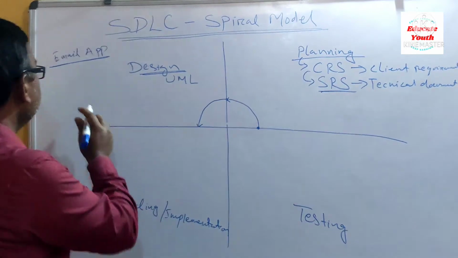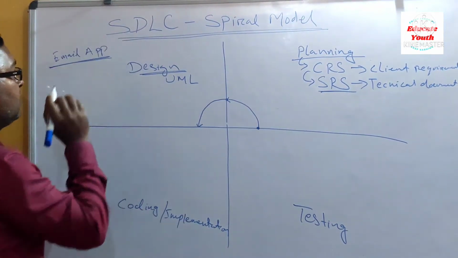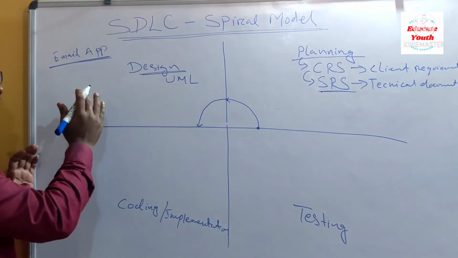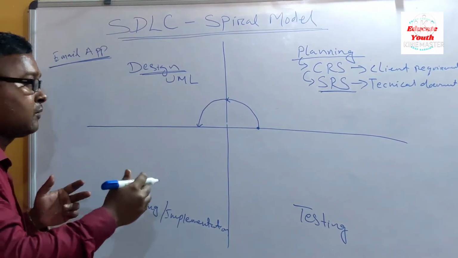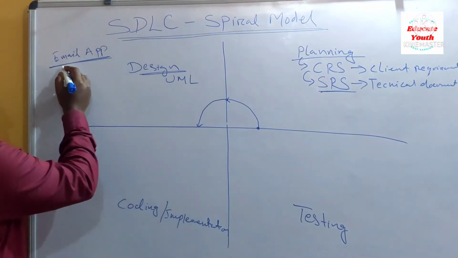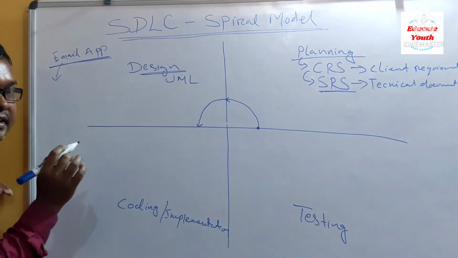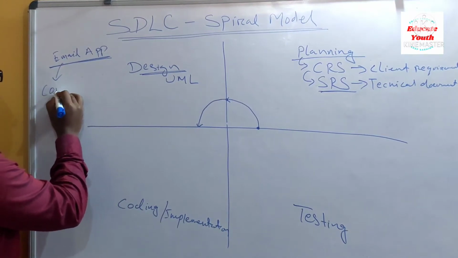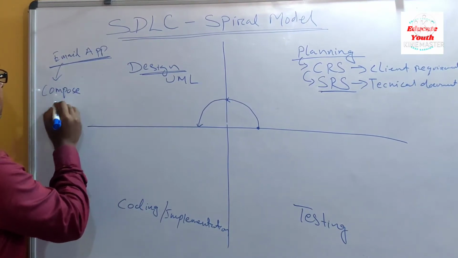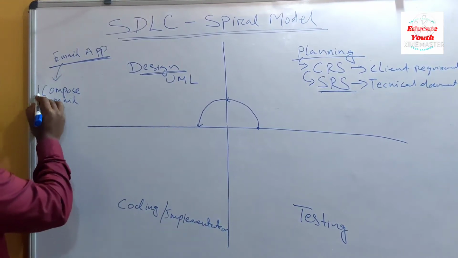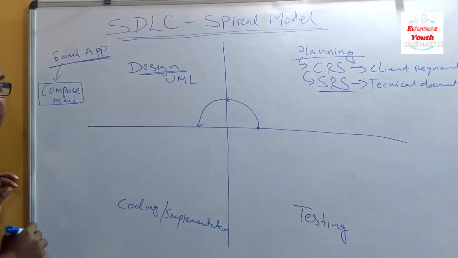For example, I am going to develop the email app. I will divide this particular email app according to the requirement into 4 modules. So what are the modules I am going to design here? I am going to design my compose mail module.